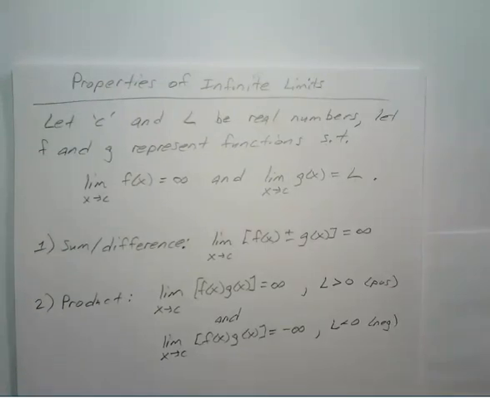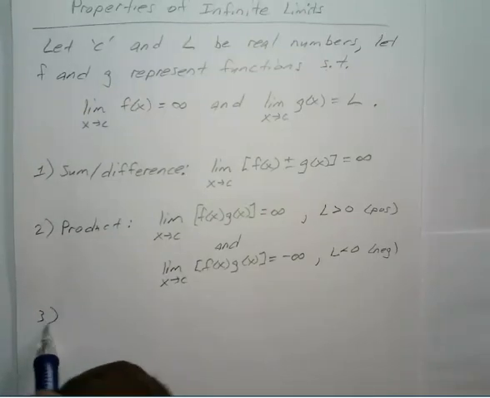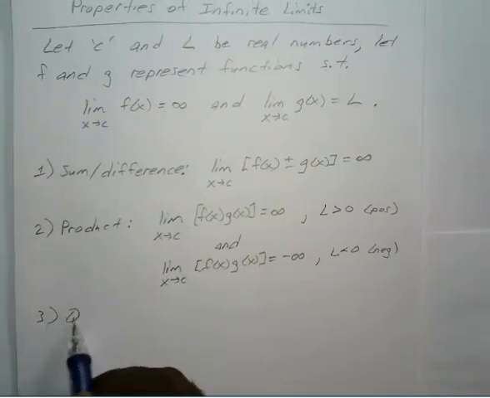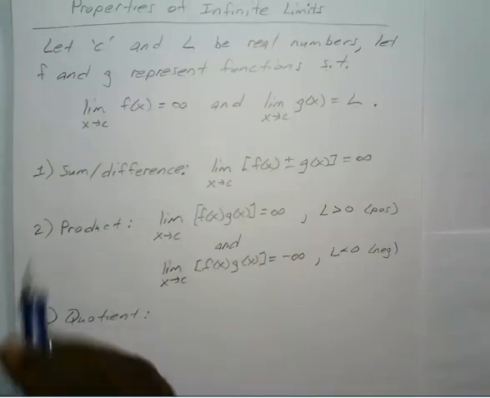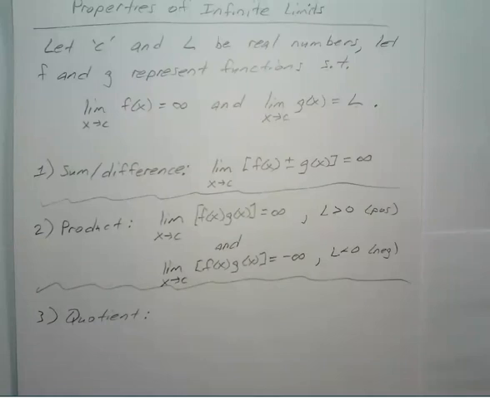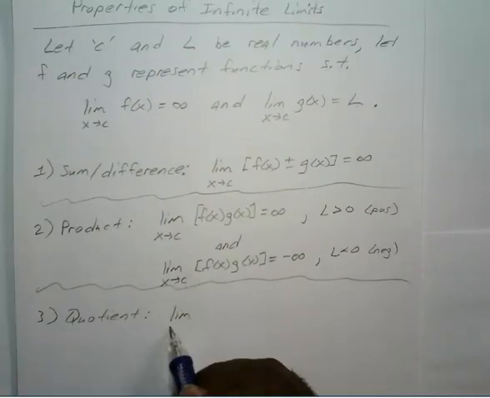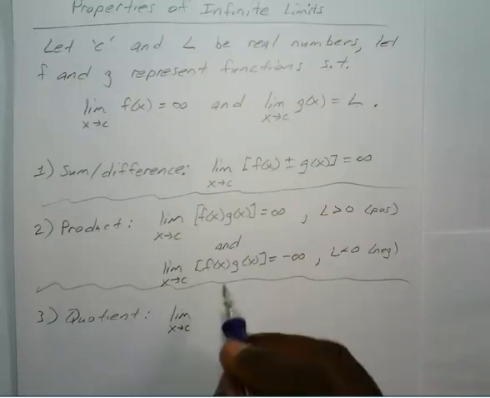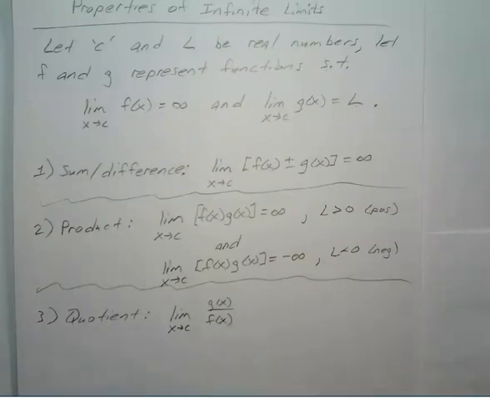Alright, so the third, if we're looking at the quotient, let me kind of separate these a little bit. So if you have the limit as x approaches c of g of x over f of x, these aren't interchangeable.